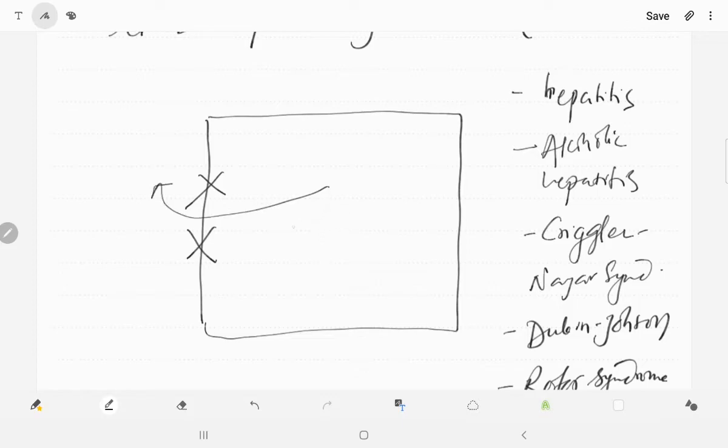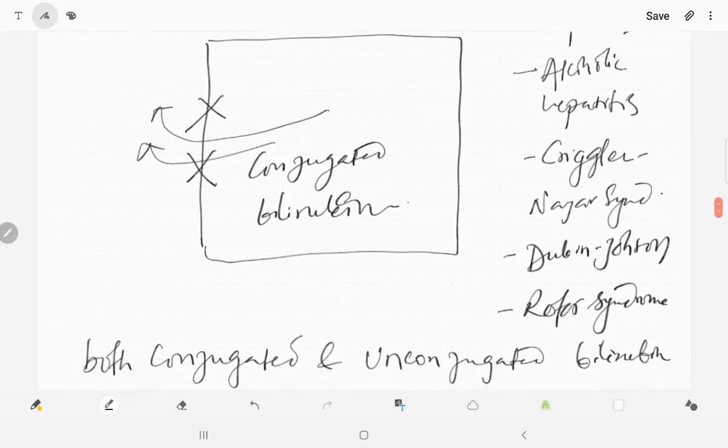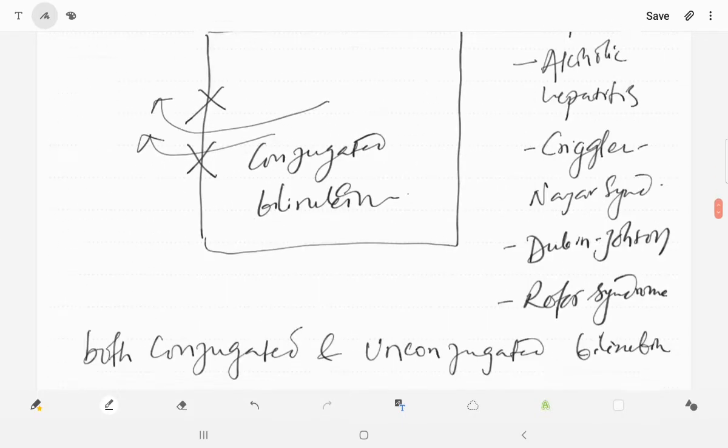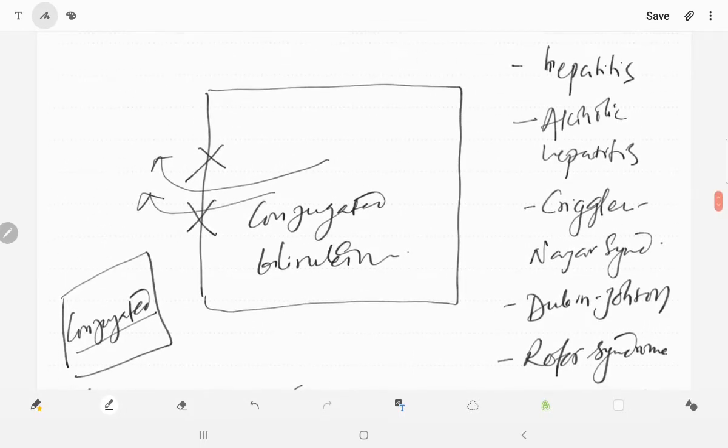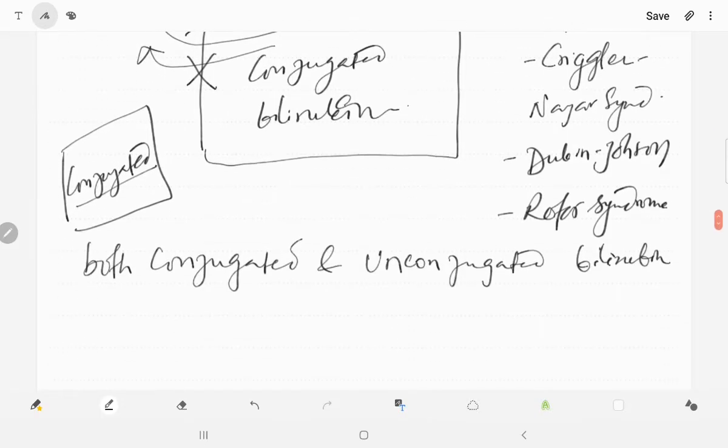So here we have conjugated bilirubin that leaks into circulation, and due to injury, after a time, liver is not able to conjugate according to its capacity. So there is rise in both conjugated and unconjugated bilirubin.